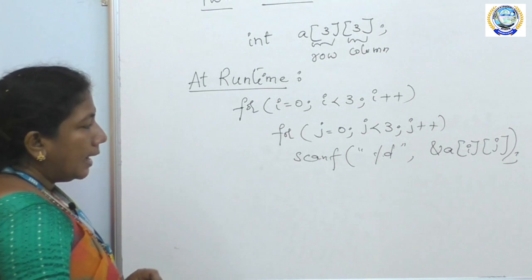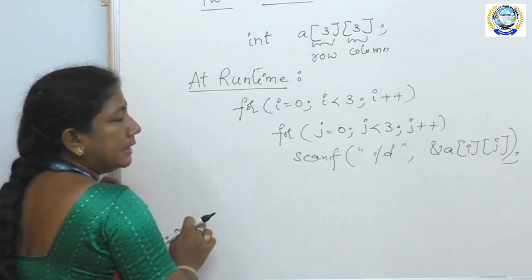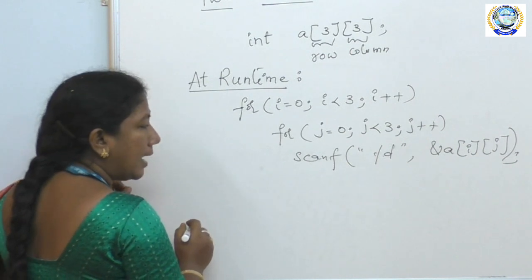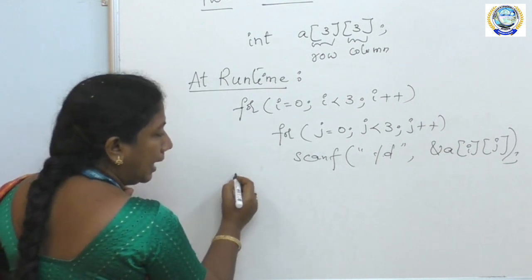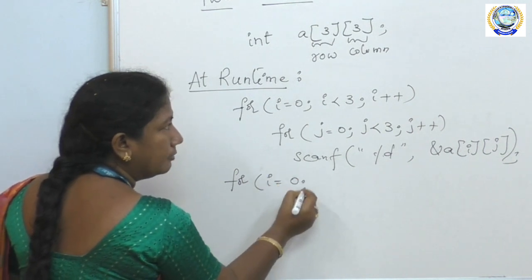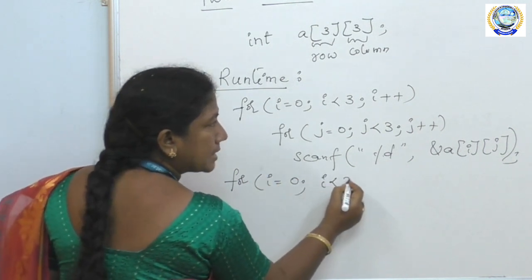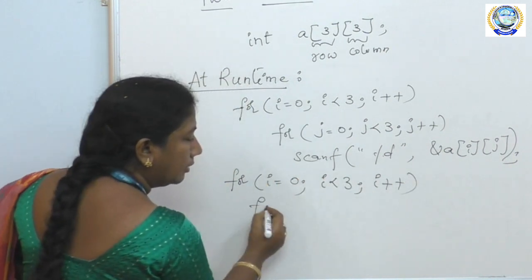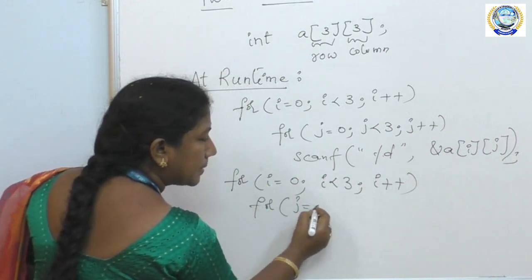Again, in order to display the values of this two-dimensional array, we have to take two for loops, one for row representation and another for column representation.